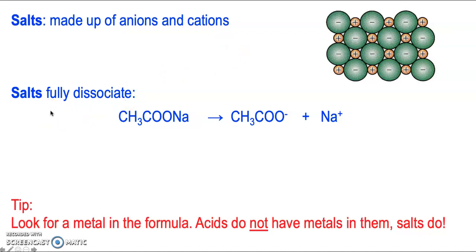The next take-home message is salts fully dissociate, so your first equation will always be one where you have the straightforward arrow showing full dissociation, and it will break up into the cations and anions. It doesn't matter which order you write those on the product side. Okay, so look for a metal in the formula, because you won't have a metal if it's an acid. You will have a salt if you've got a metal there.